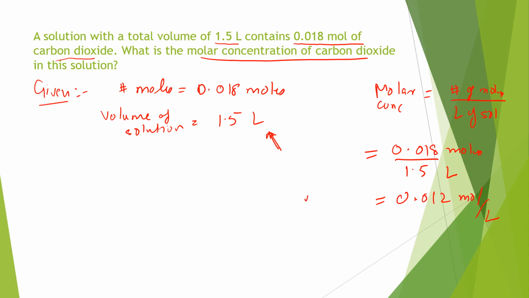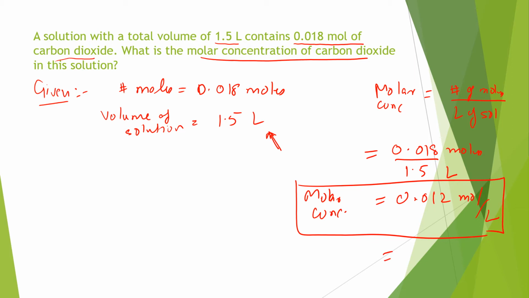So this is the molar concentration of this solution. We can also use uppercase M as a unit. M means moles per liter. Either you can write moles over liter or you may write M. So either way, it is the correct unit.